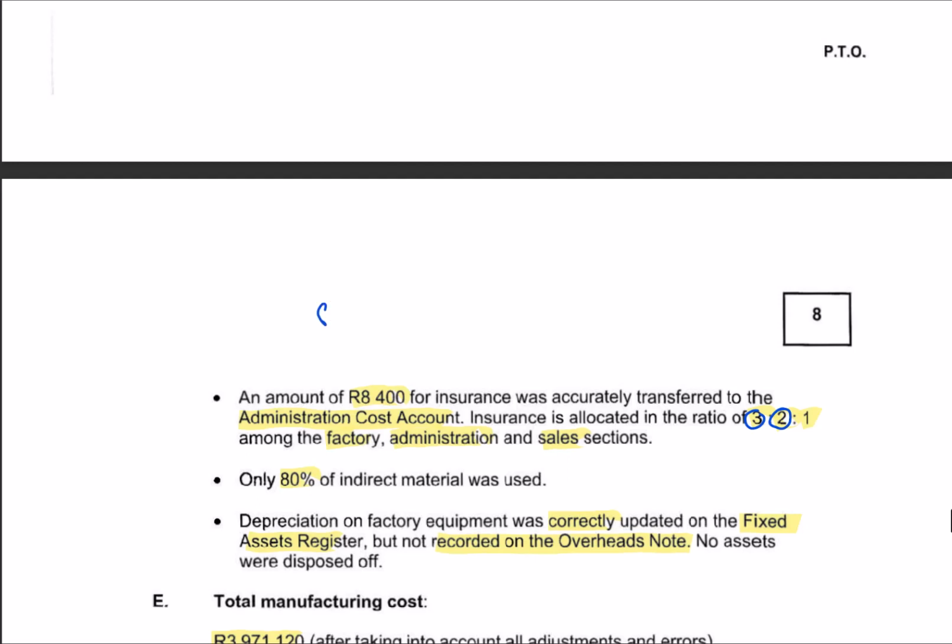So 6/2 times 8,400 will give you 25,200.